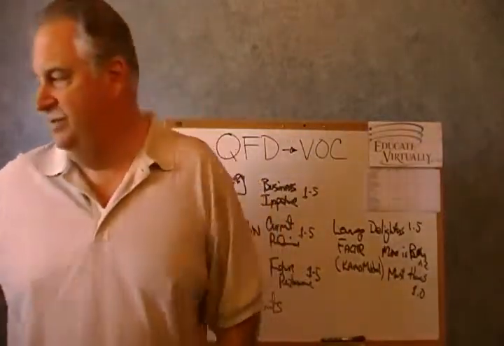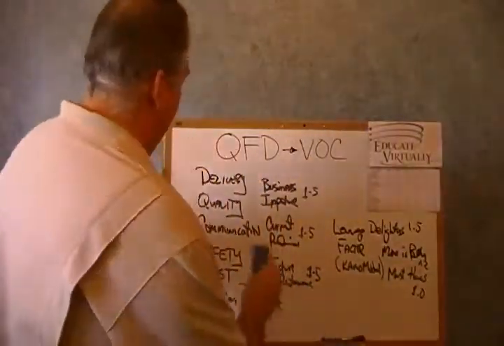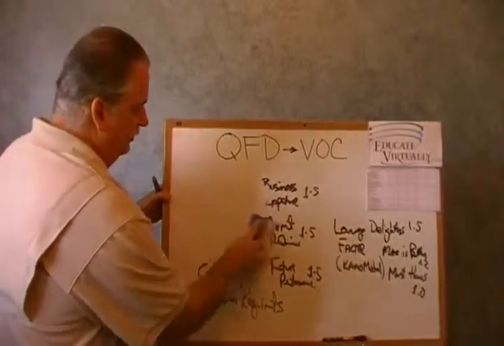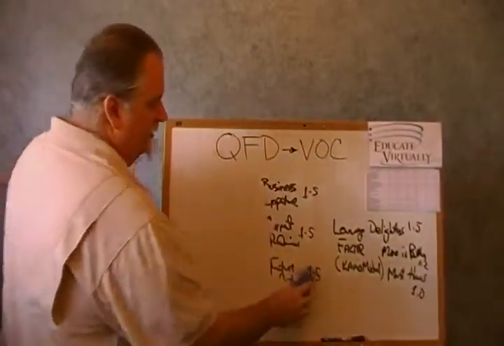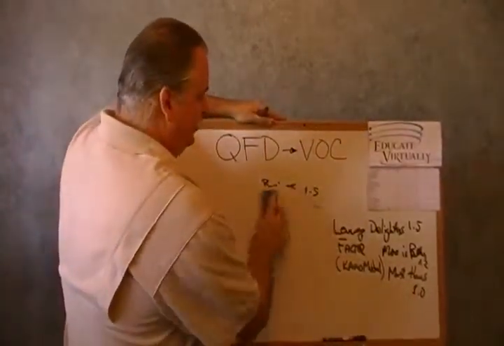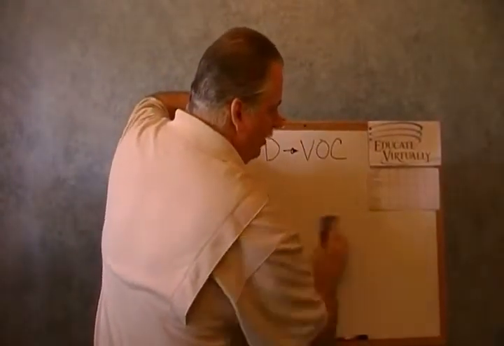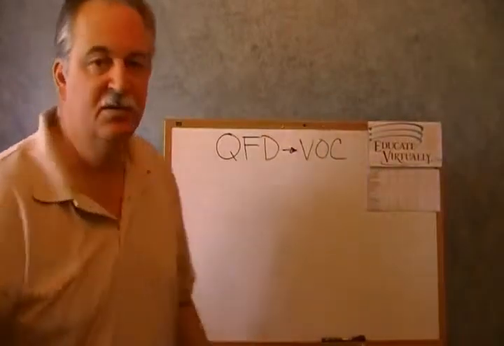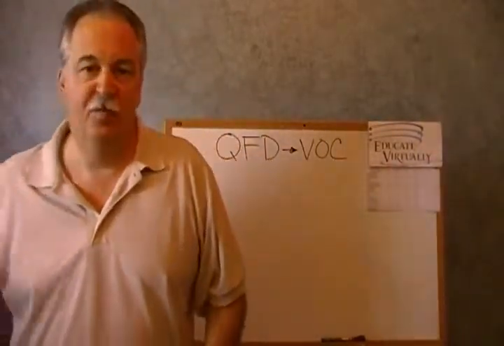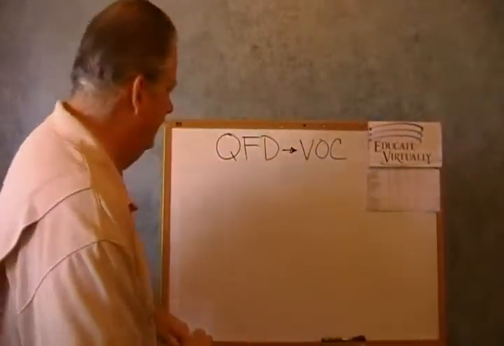Once we have that piece, then we can begin to utilize quality function deployment to help us to understand what are the processes that we're going to need for this quality management system.